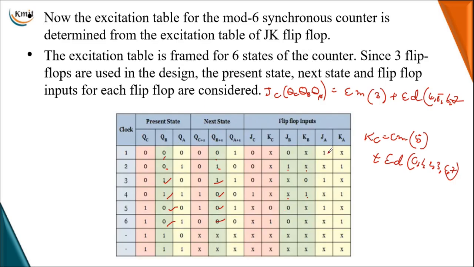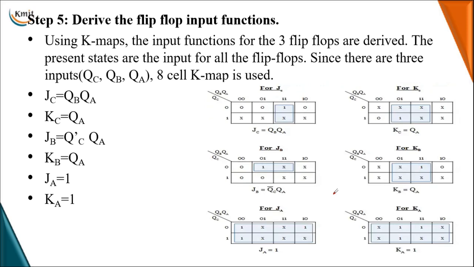For JA, we have 3 minterms, on 0, 2 as well as 4, and the remaining are all don't cares. So 0, 2, 4 are placed as ones and the remaining are all don't cares, which can form an octet.